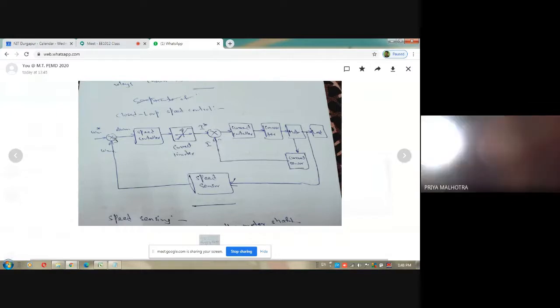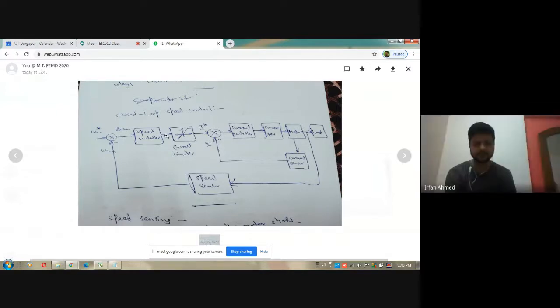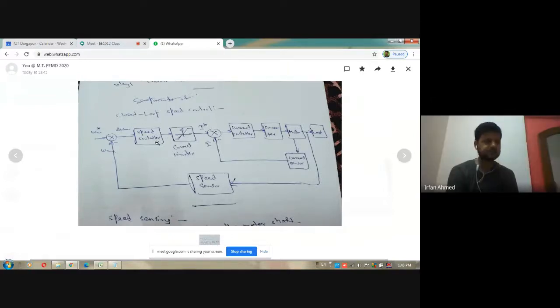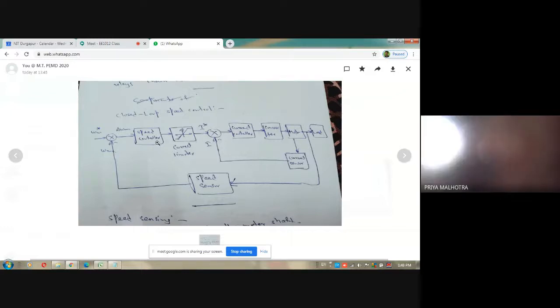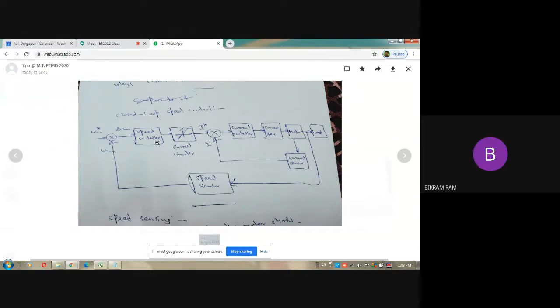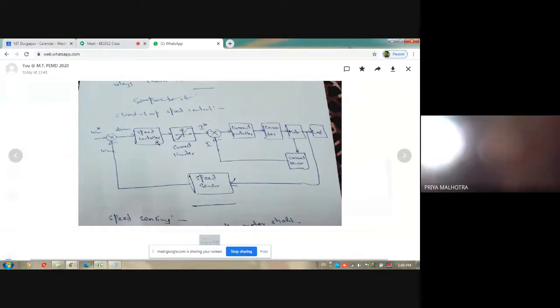This is the speed error. The speed error has to be processed using a controller. Do you know any such controllers? VFD, variable frequency drive. Differential control.